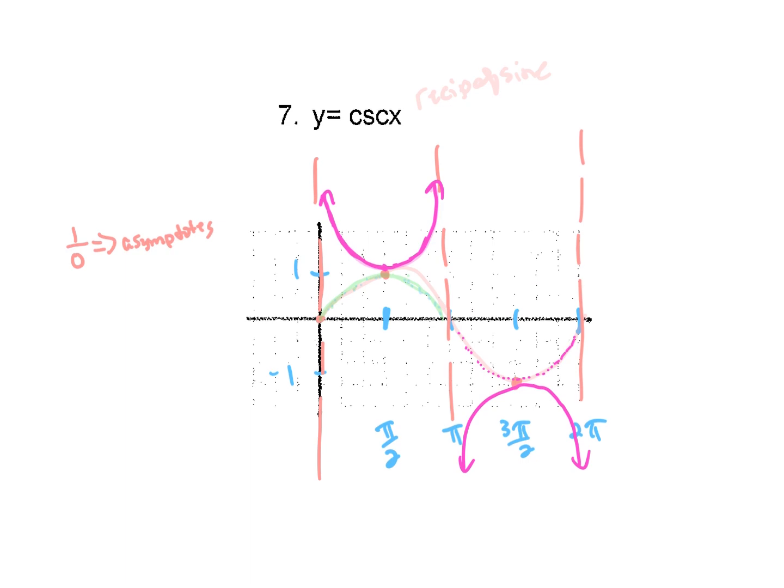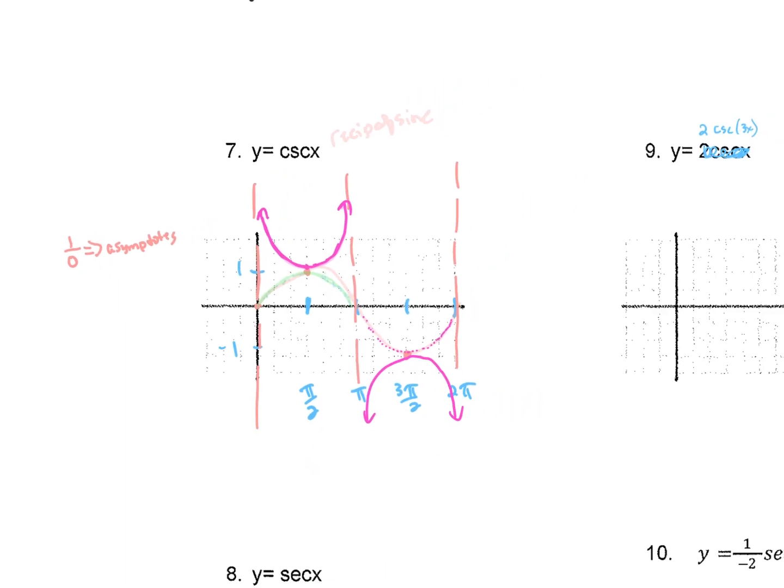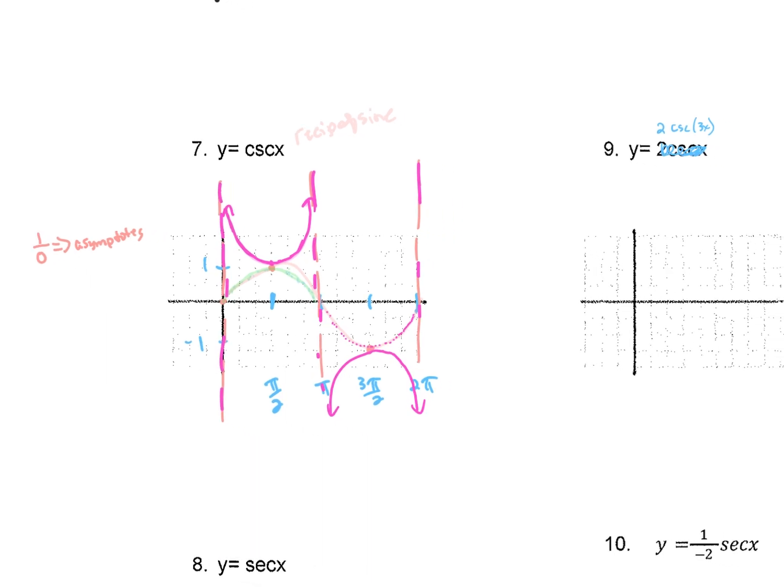Okay? So that's what a basic cosecant graph looks like. You're going to show me the asymptotes, and then the critical point and the flip of the curve. Okay?